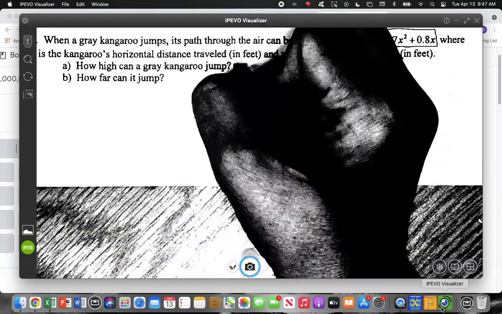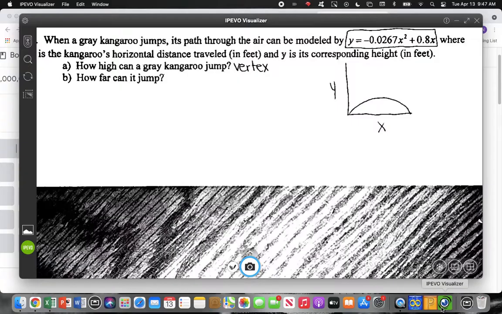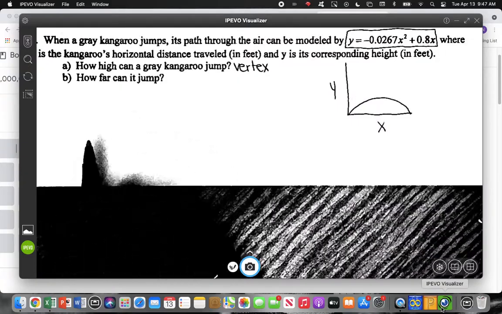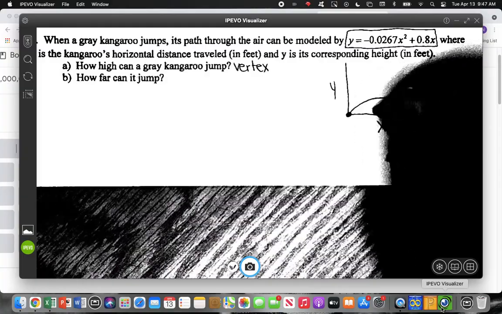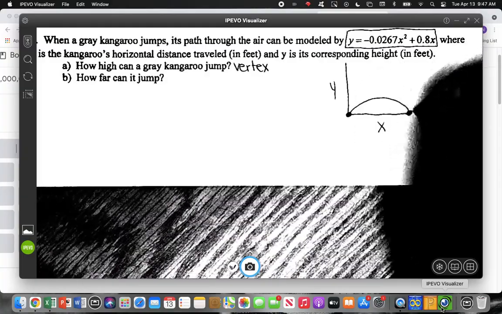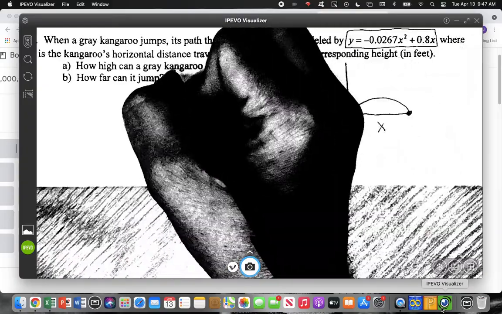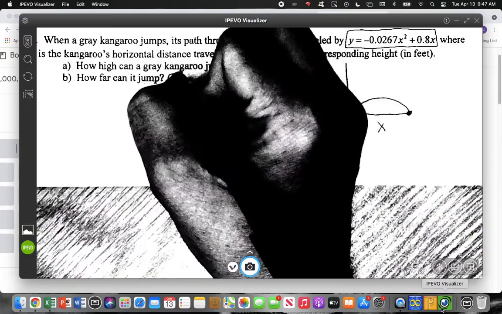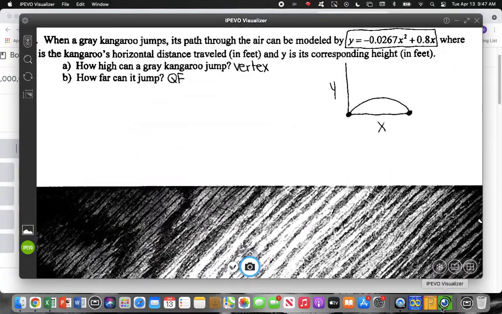We're going to find the vertex. How high something can go is the vertex. Now when it says how far can it jump, I want to know the distance from here to here. Are those points both on the x-axis? So these are the solutions. We'll find these 2 numbers, and then find the difference between the 2 to find out how far it jumps.